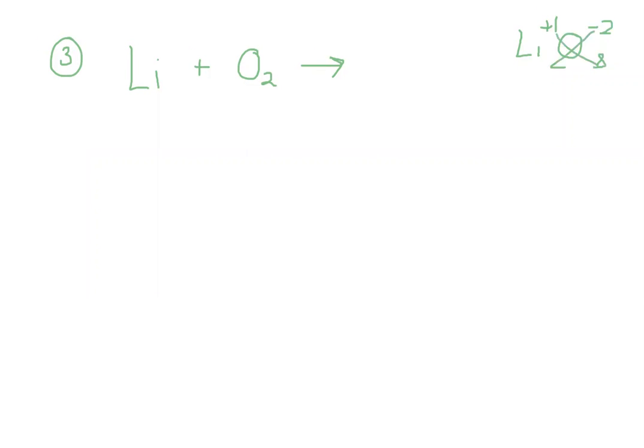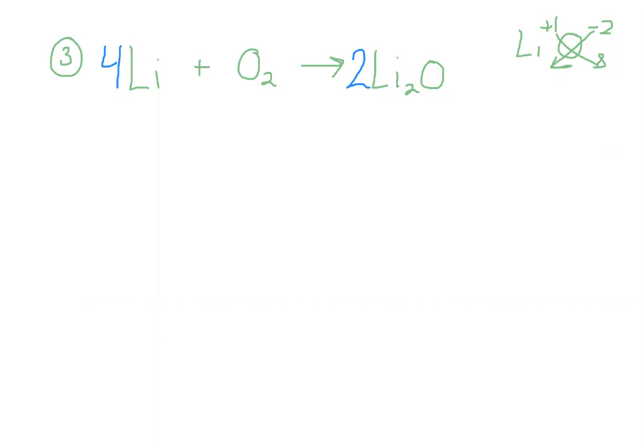So lithium oxide is Li2O. And that's not balanced, so we've got to go ahead and balance this. We've got to put a 2 here. So we have 2 oxygens, which gives us 4 lithium, so we've got to put a 4 there to get 4 lithium. Now it's all balanced.